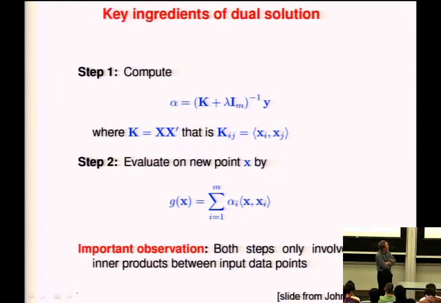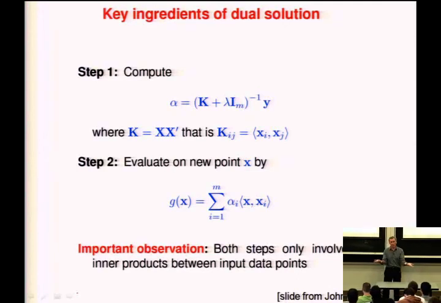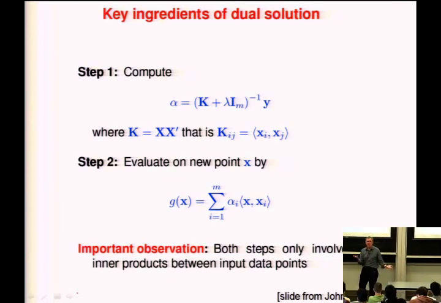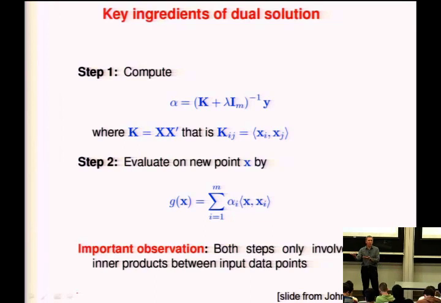We can solve our linear regression problem either as the primal formulation, picking the W vector that optimizes our classification performance according to that objective function, or equivalently, picking the alphas that minimize exactly the same objective function.